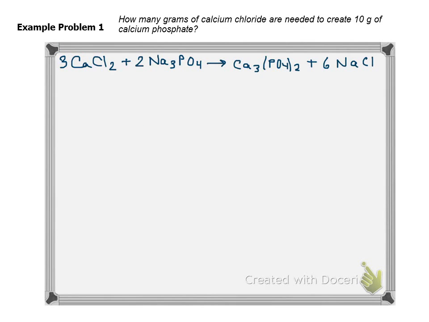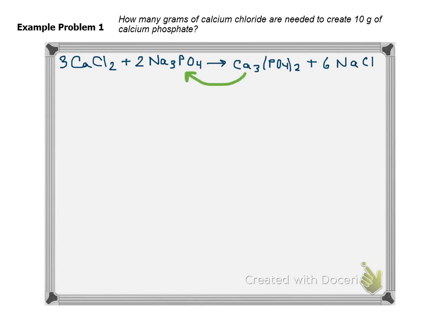In the first example problem, we used the mole tunnel to go from the reactant side of the equation to the product side of the equation. The same process as the mole tunnel can be used to go in the opposite direction, from products to reactants.